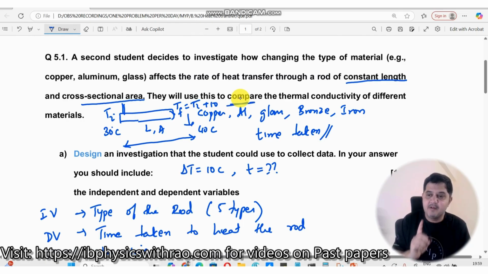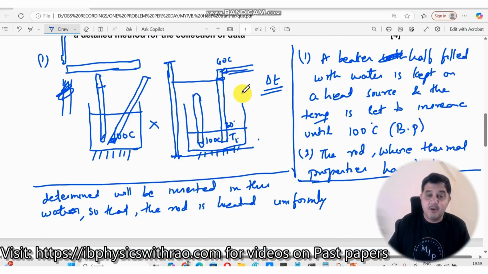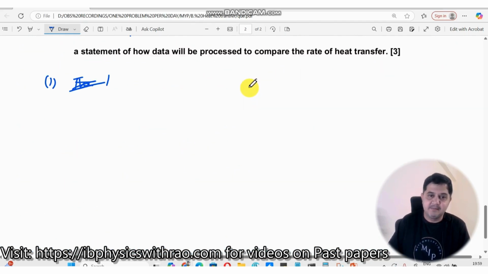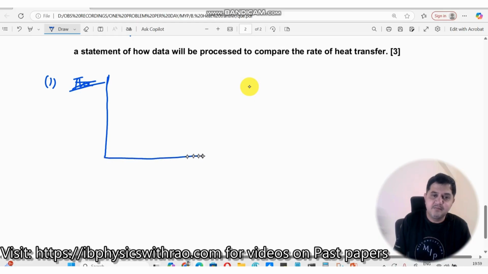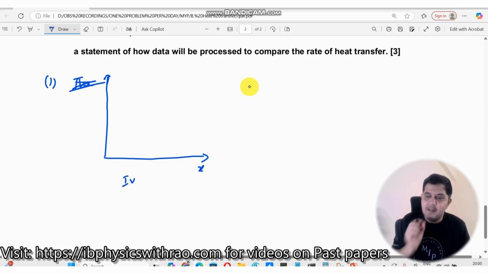When the command term says compare, how do you compare? So what you do is put a graph. What kind of graph will I use? Whenever the x-axis, which is your independent variable, is a number, a continuous variable, then you can always use a straight line graph to compare this.